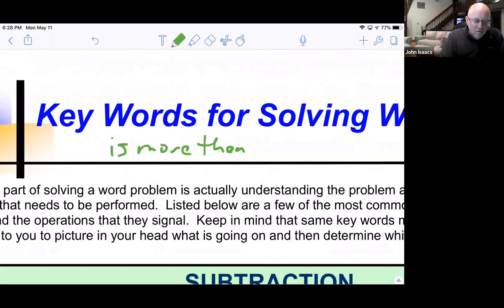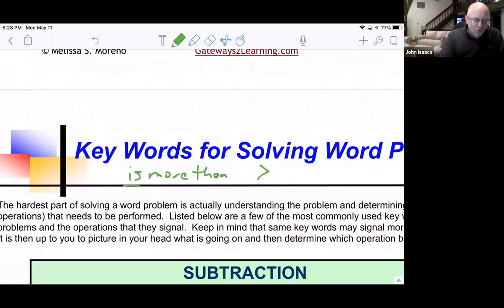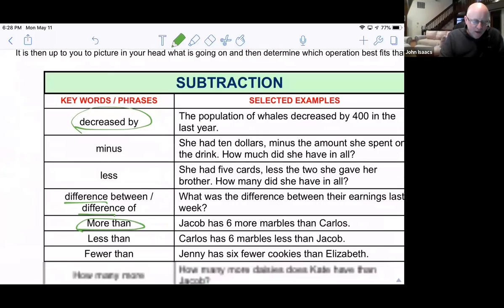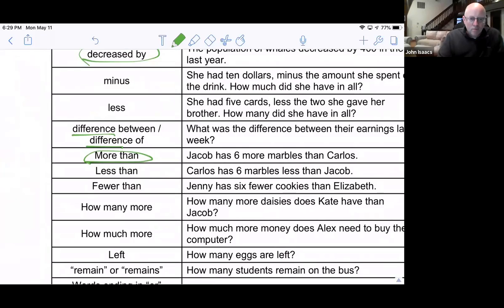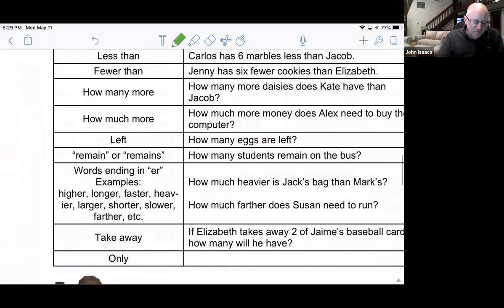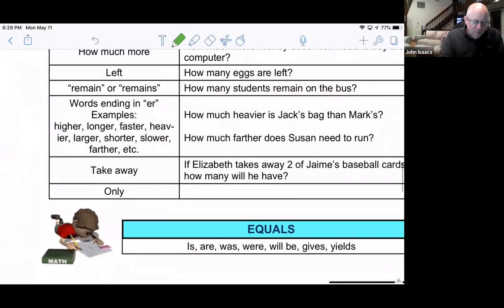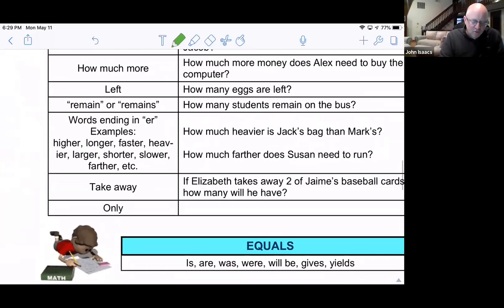Is greater than, right? Is more than, is less than. Is combined with more than or less than means this inequality type symbol, where more than or less than requires subtraction. Fewer than requires subtraction. Left over requires subtraction. There's the equal signs again.